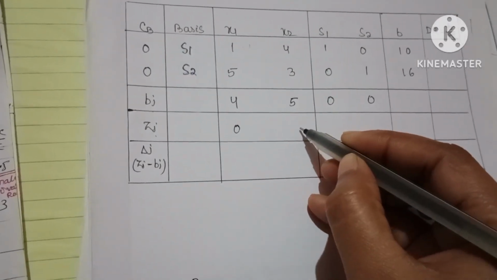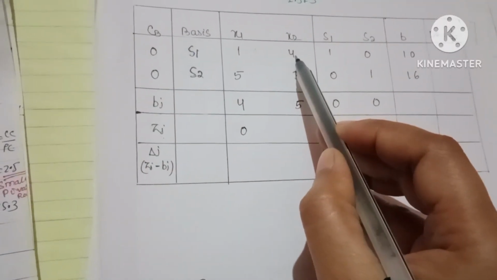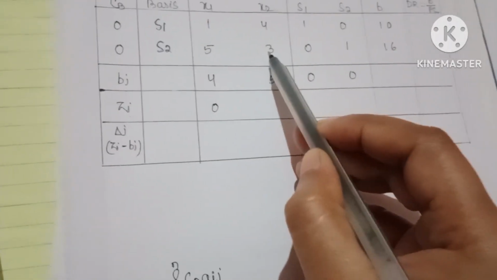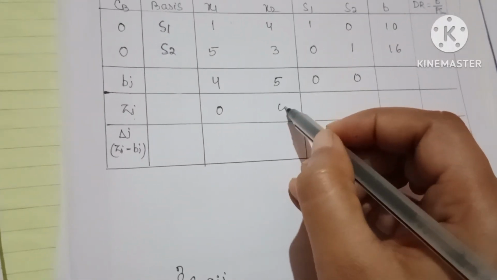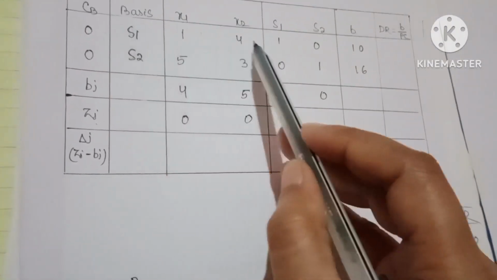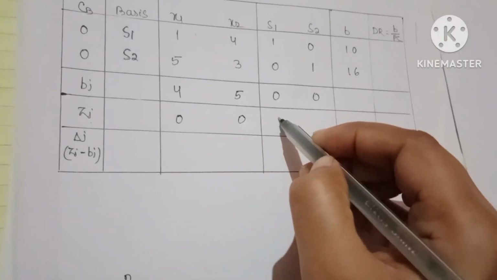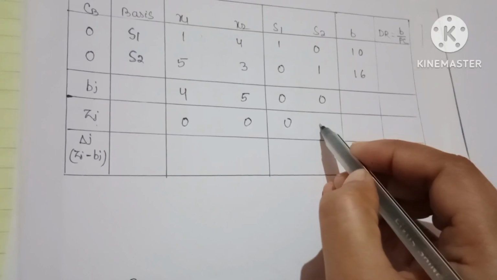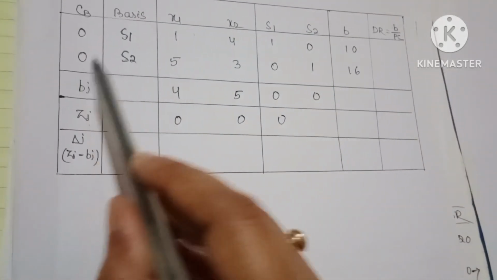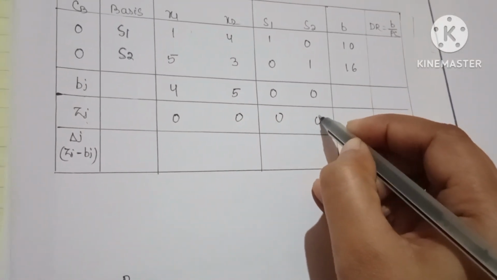And z2 equal to 0 into 4 plus 0 into 3, so this equals again 0. The next, z3 equal to 0 into 1 plus 0 into 0, so this is equal to 0, and z4 equal to 0 into 0 plus 0 into 1, so this equals again 0.